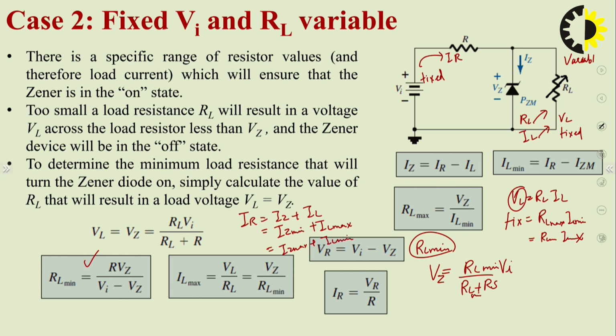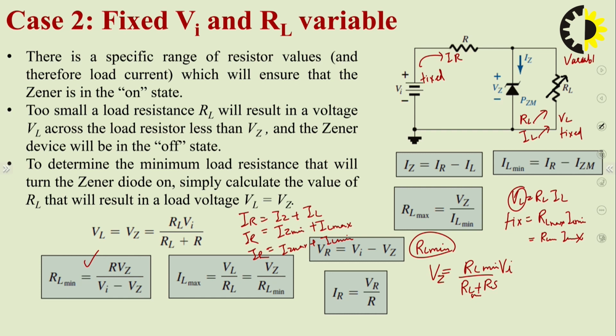Their sum must be equal to IR. So these will be the three equations. By using these equations we can find the value of IL minimum. IL minimum is equal to IR minus IZ max.